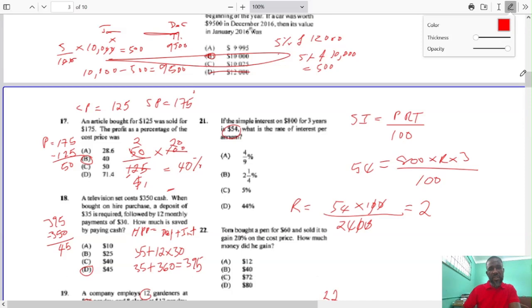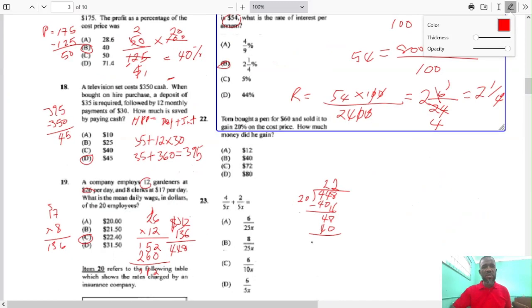So we have 6 divided by 24. 6 into 6 is 1, and 6 into 24 will go 4 times, so we get 2 1/4. All right, so the interest rate there is 2 1/4. Again, we could also use the process of elimination, but I'm working it out this way so that you can fully understand what we are doing.